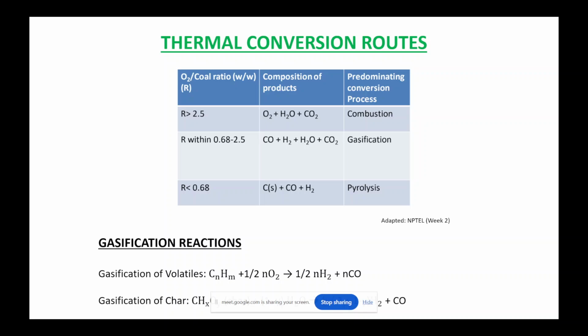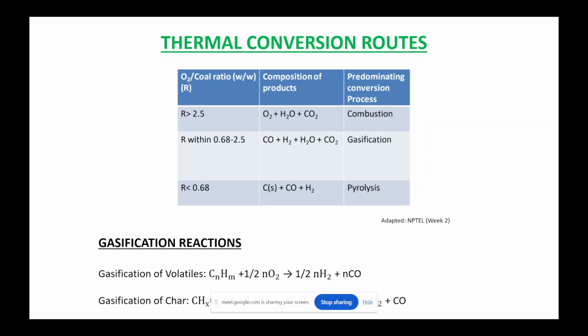So depending upon the type of gas that is used, whether it is oxygen or air, the produced gas is going to be different in terms of composition. Due to that difference, their names are also going to be different. One is called syngas, and in case the nitrogen content is more, it is called producer gas.